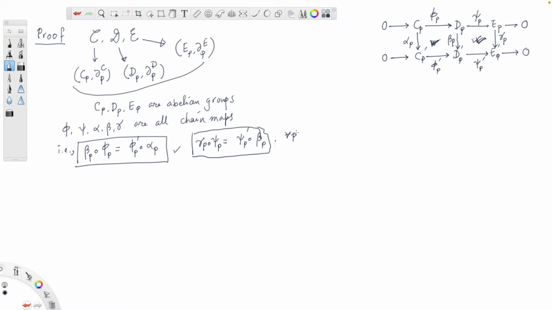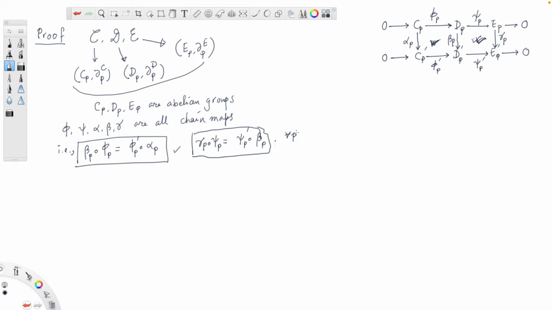Now, from the compositional property of induced homomorphisms, beta p, phi p, gamma p are homomorphisms contained in the family of the chain maps that we are discussing. The chain maps are phi, psi, alpha, beta, and gamma.